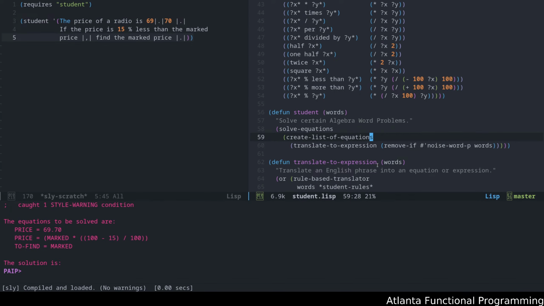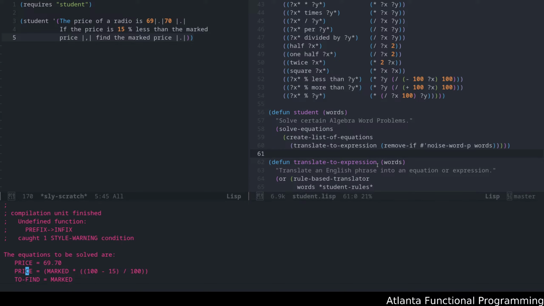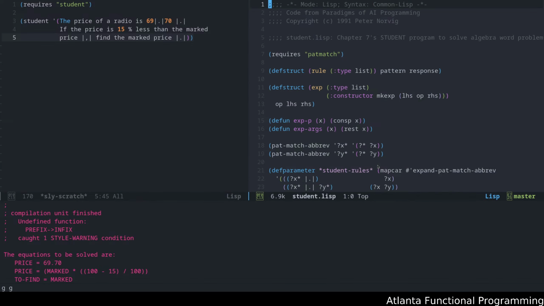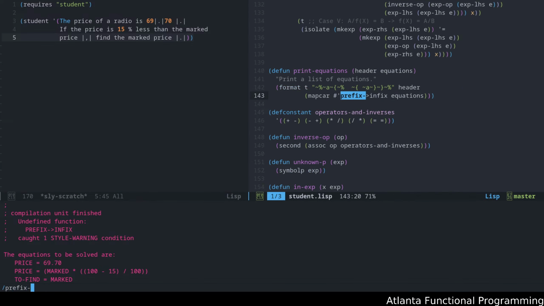Why am I getting a warning here? All right. Okay, so let us see what that warning condition coming up was. Okay, a prefix to infix.